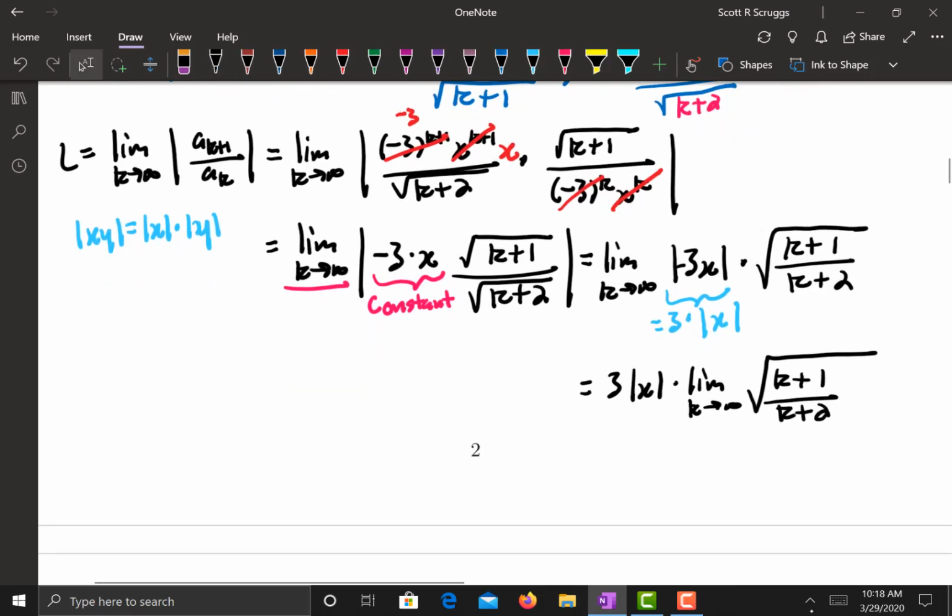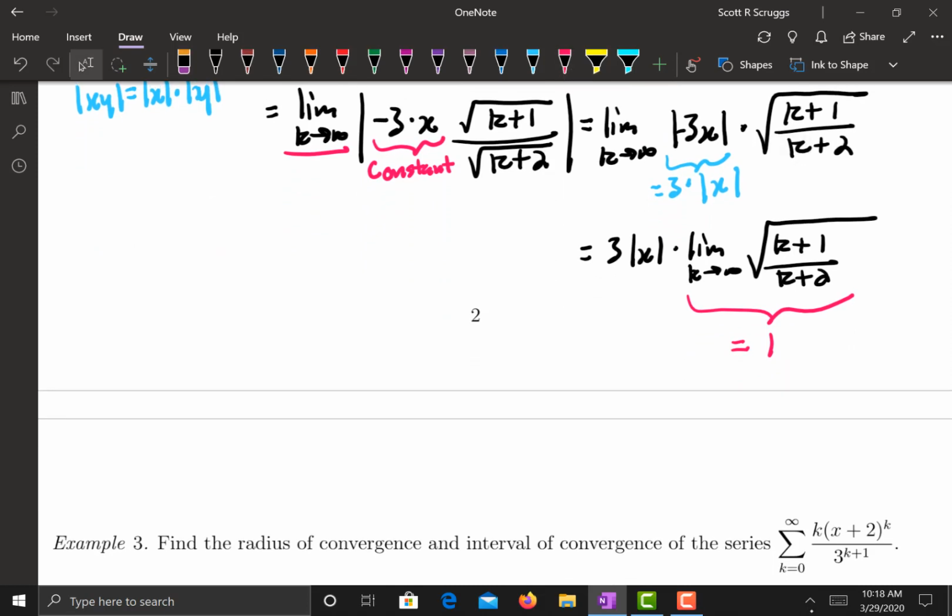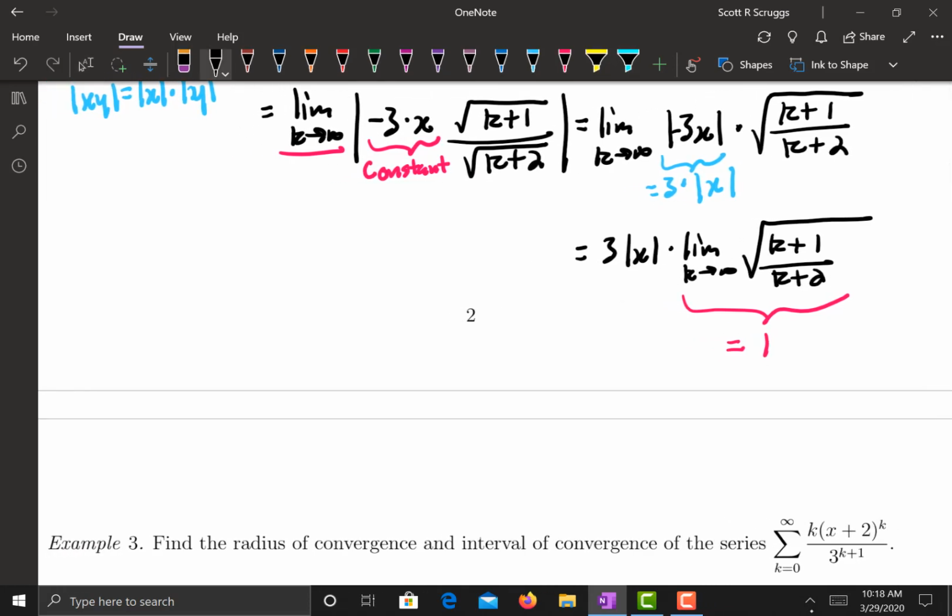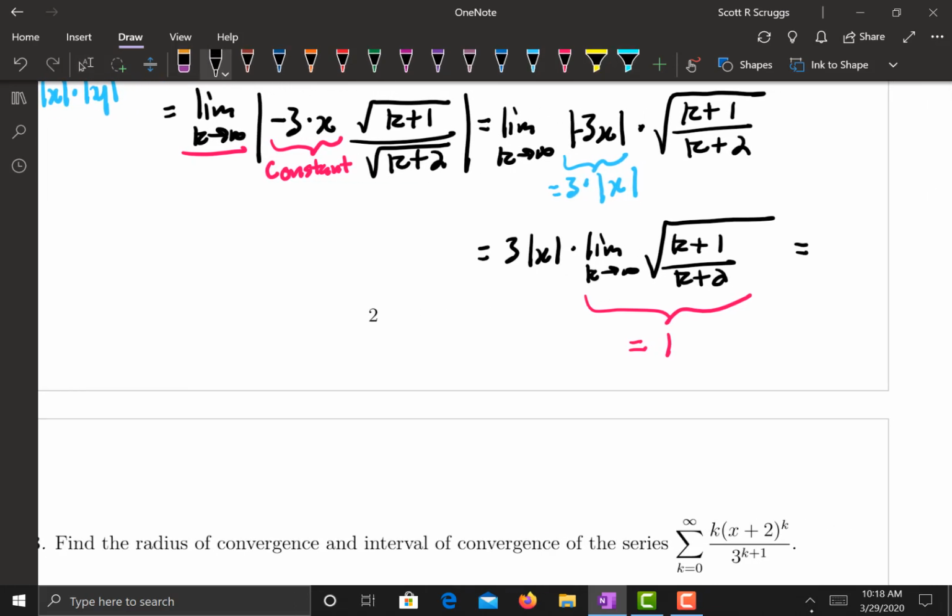We know from what we've learned in 1060 that whole thing will be 1, which means my entire limit is 3 times the absolute value of x.